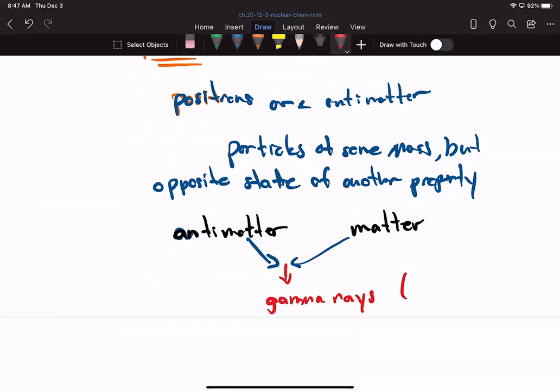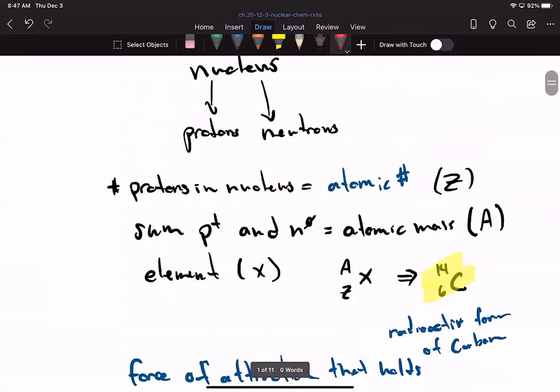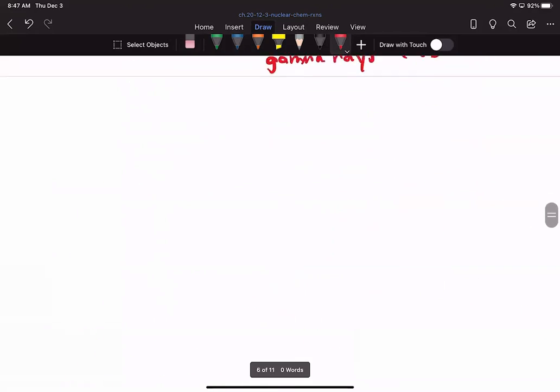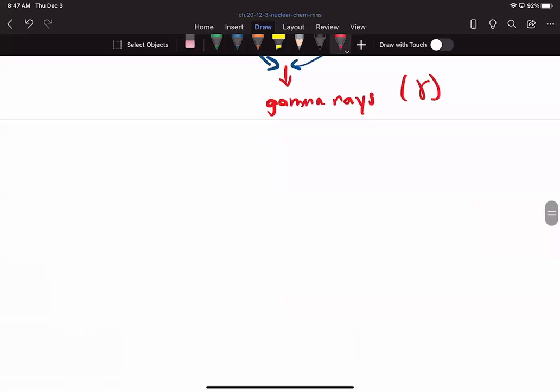Gamma rays have a symbol that we use here. It's like an alpha symbol, but goes up, vertical. This is how we get gamma rays. So we get antimatter to meet matter, and that produces what we consider to be gamma rays, right?